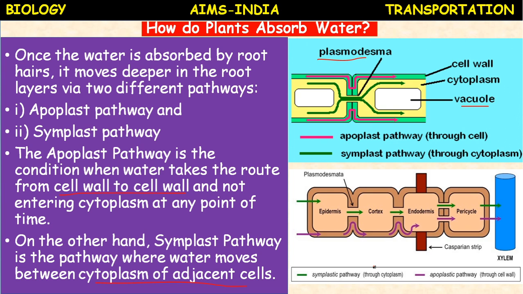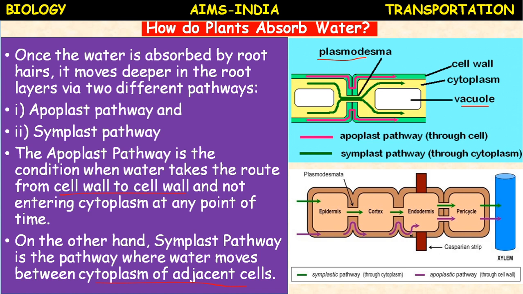So there are two pathways of water passage from root hairs to xylem inside the root, the apoplast and symplast. In apoplast pathway, the water passes from root hairs to xylem through the walls of intervening cells without crossing any membrane or cytoplasm. Okay, in apoplast, without crossing any, only through cell wall.